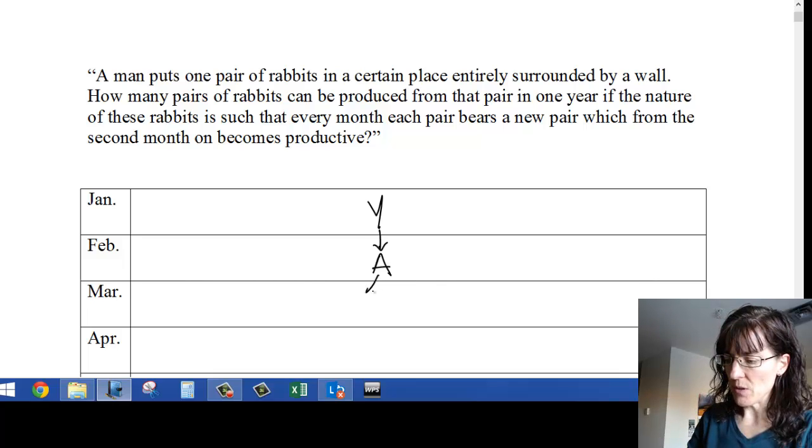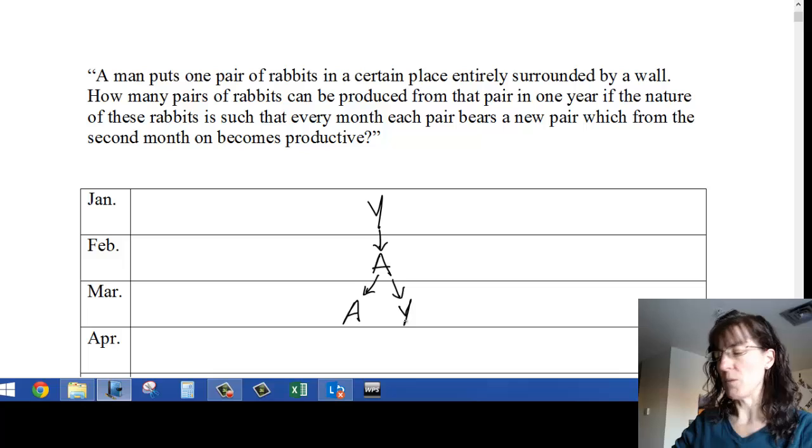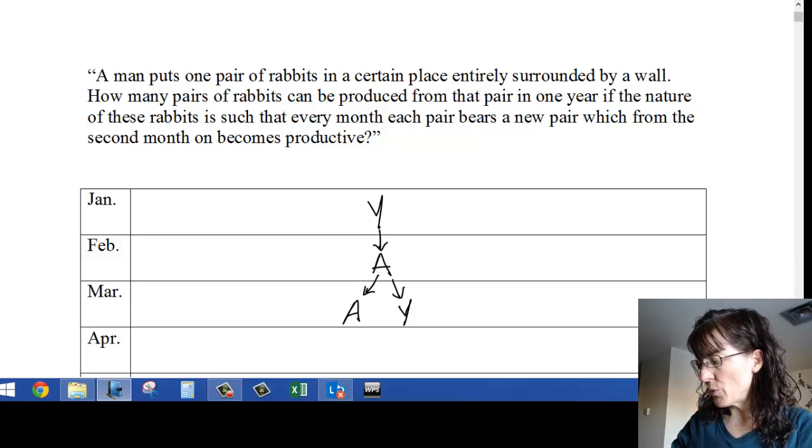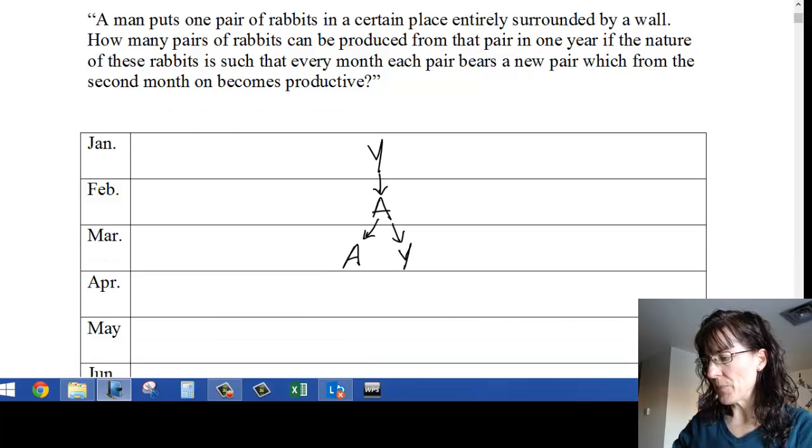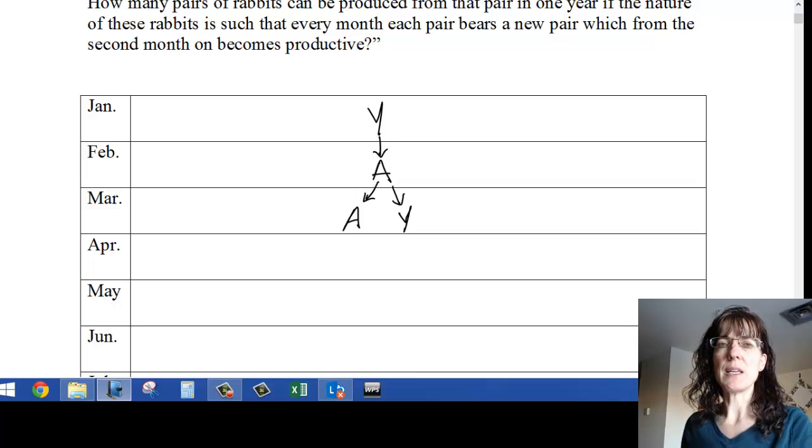So in the next month we'll have the adults themselves, and then we'll have the pair of youths that they produce. So we can go on like this and fill in this table to see how many pairs of rabbits we have at the end of 1 year.